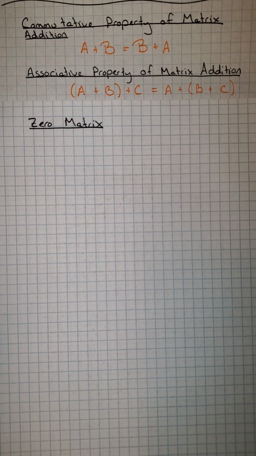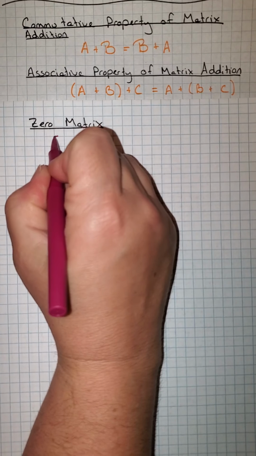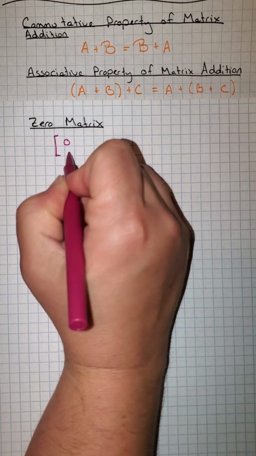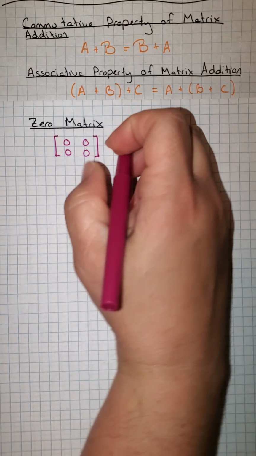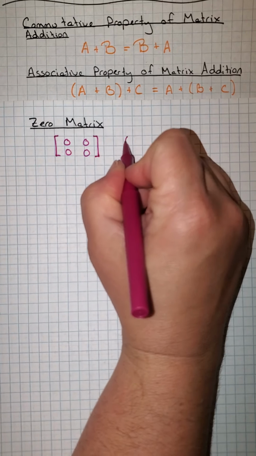Okay, so generally a square matrix, but this is a 2 by 2 zero matrix.